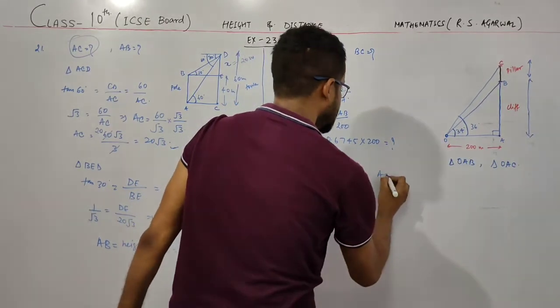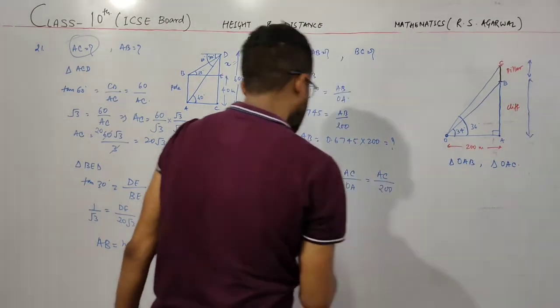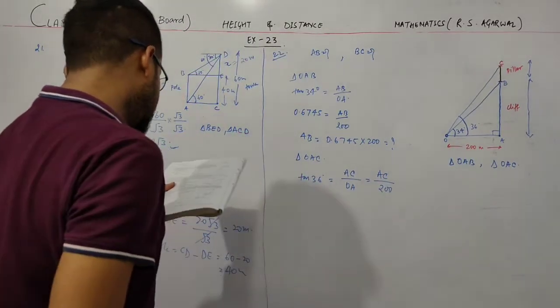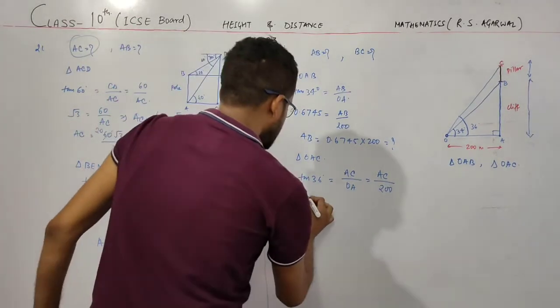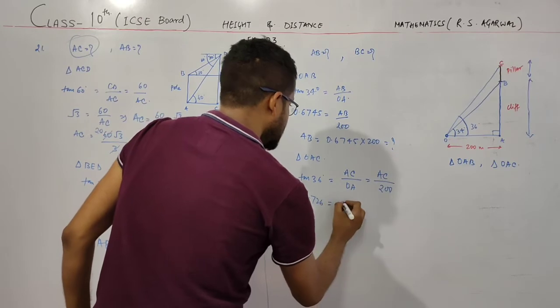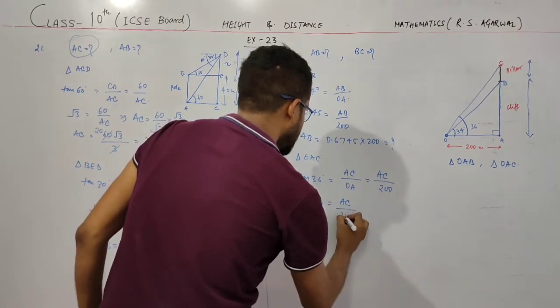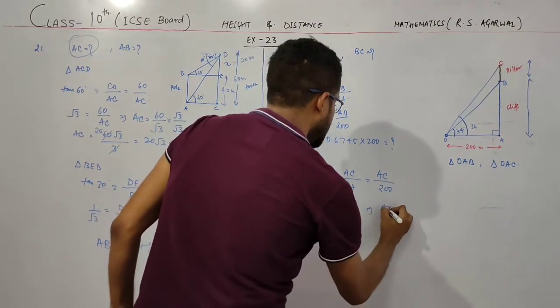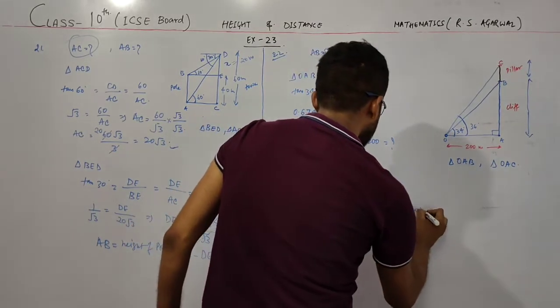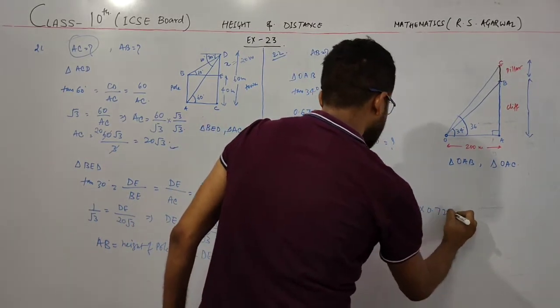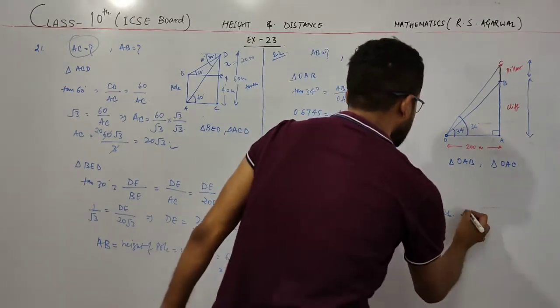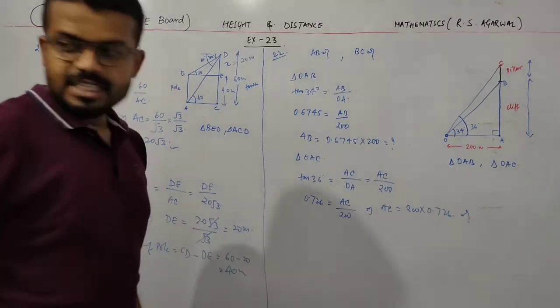So this is AC equals 200 meter, and the value of tan 36 degree by using the table is 0.726, which is AC by 200. So here AC is equals to 200 into 0.726. Okay, so here you get the value of AC.